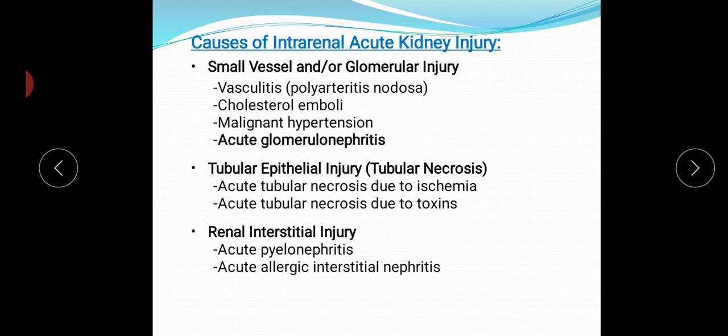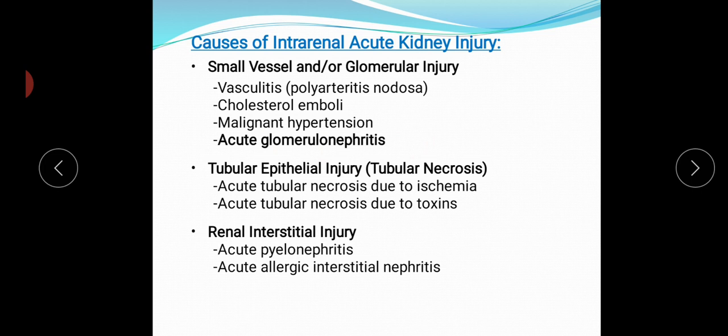As far as the pathology within the kidney is concerned, glomerulonephritis basically causes inflammation or damage to the glomeruli. Primarily the cause is a bacterial infection elsewhere in the body, and the most common is streptococcal infection. That infection may lead to production of antibody against the antigen of that particular bacteria.